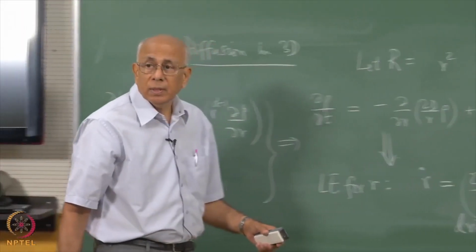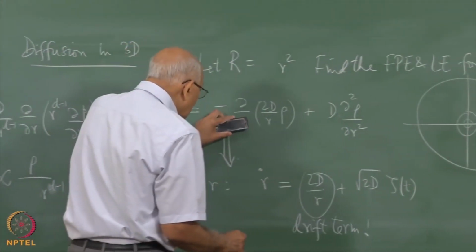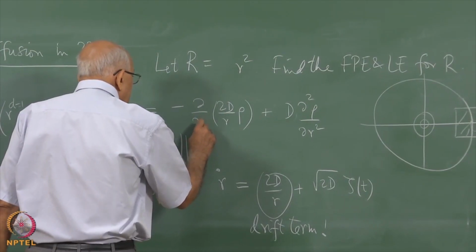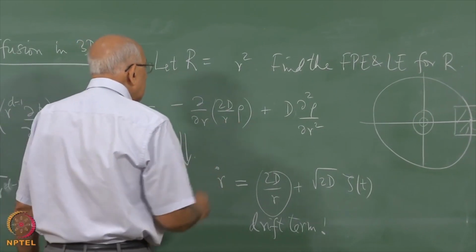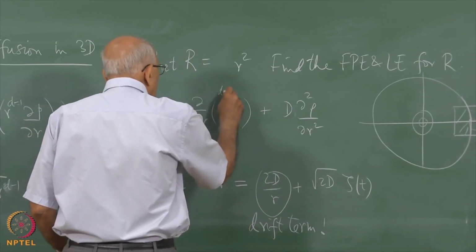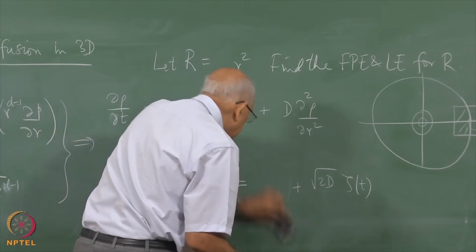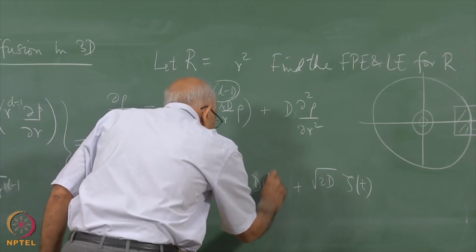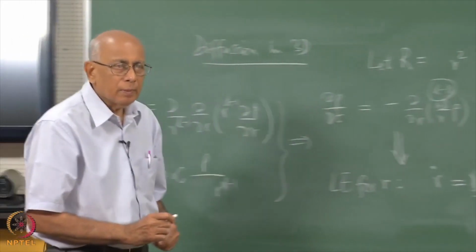And what happens to the Laplacian? You already wrote that. This is going to be delta over delta r, and then this 2 will become d minus 1. Yeah, exactly. So this factor becomes d minus 1. R will become d minus 1. This guy here becomes 2 d into d minus 1, and this remains r, that remains r.